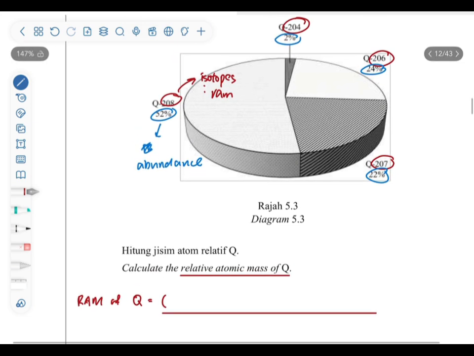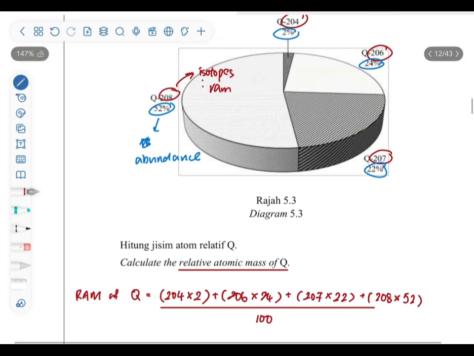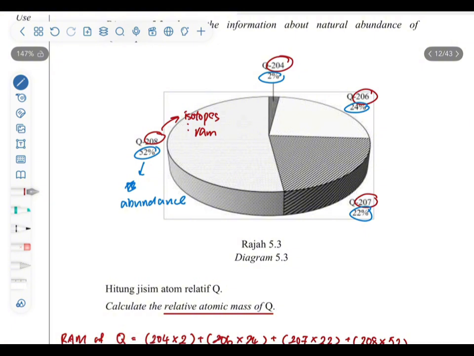So to calculate it, just multiply the relative atomic mass, which is the red color, with its abundance. So in this question we will do 204 times 2, plus 206 times 24, plus 207 times 22, plus 208 times 52. And then lastly, we need to divide it by 100, because their natural abundance will surely equal 100%.